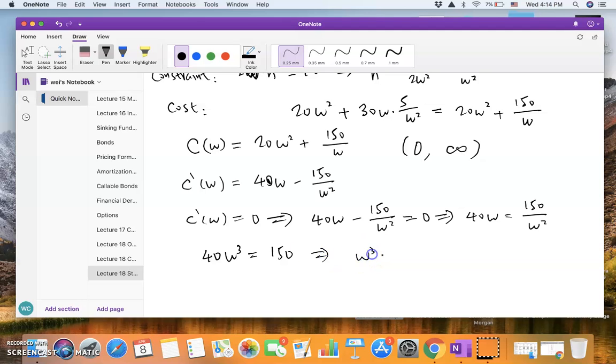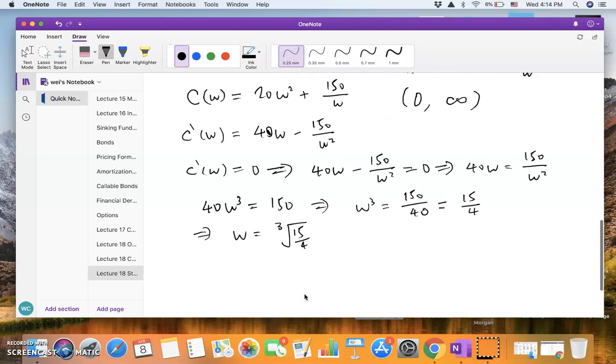So w cubed is 150 over 40, which is 15 over 4. So w equals the cube root of 15 over 4.